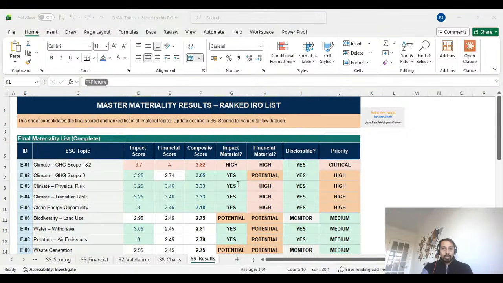So that is very much important for the stakeholder engagement requirements. And overall, you can finish with this whole spreadsheet that mirrors the entire double materiality context that we already seen in the whole journey. And this context covers the value chain, stakeholders, IROs, impact scoring, financial overlay, validations, visualizations, final results.